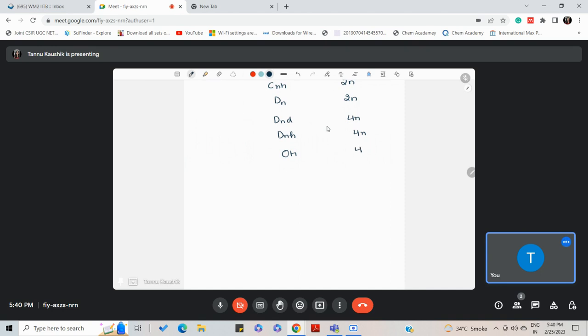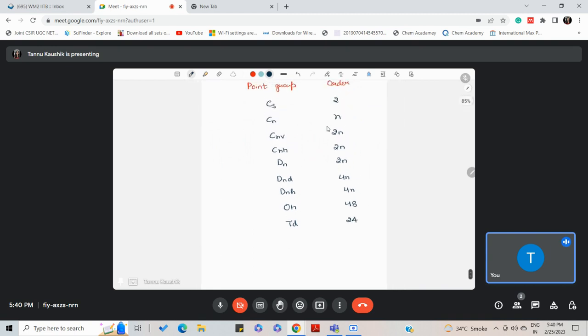So the octahedral point group will have order 48, and the tetrahedral group has order 24. Okay, so this will be the number of total symmetry operations present in a particular group. So I have summarized it here for your convenience.